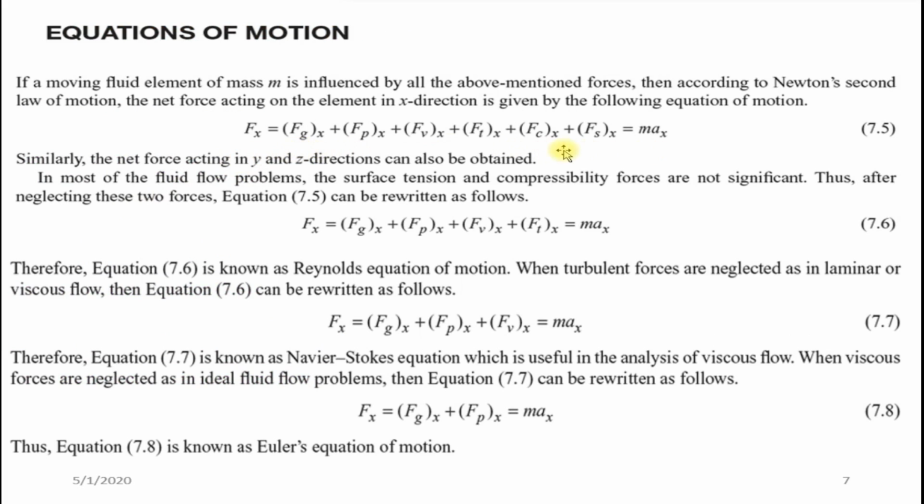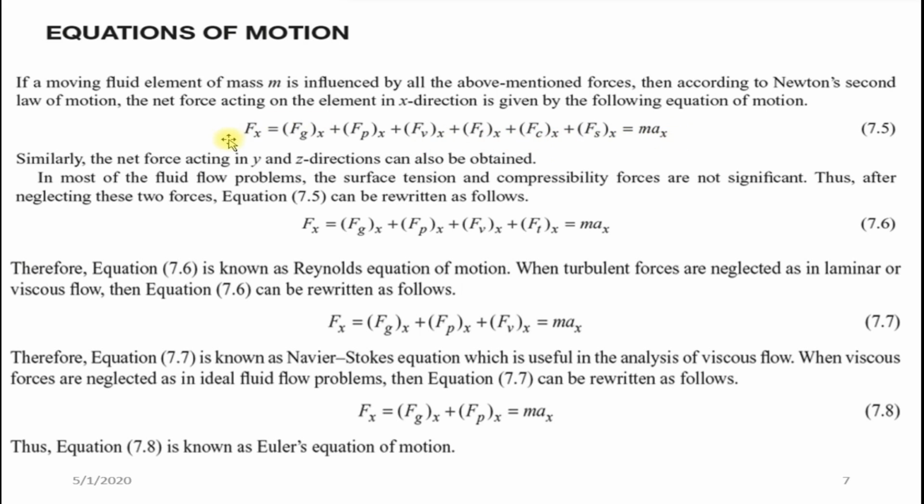That is given here. Total forces acting on a fluid element: gravity force, pressure force, viscous force, then force due to turbulence, force due to compressibility, then force due to surface tension. That is equal to what? Net force acting on a fluid element is equal to mass into acceleration.